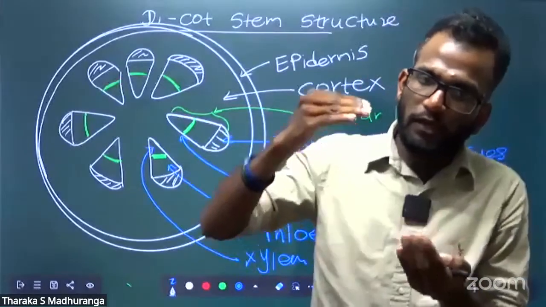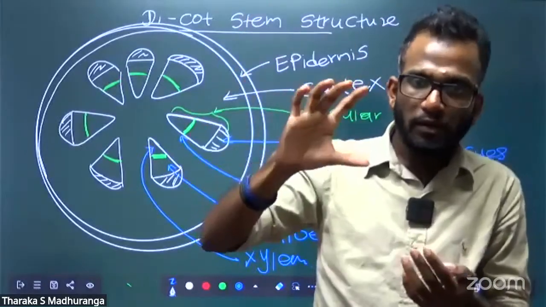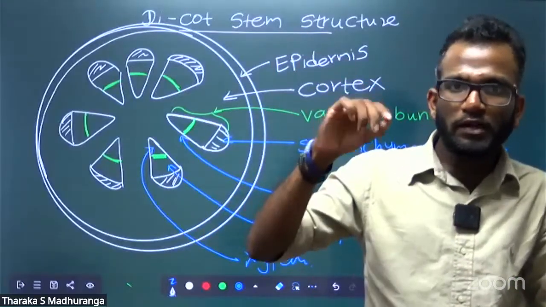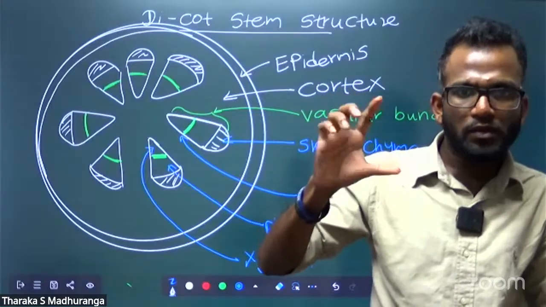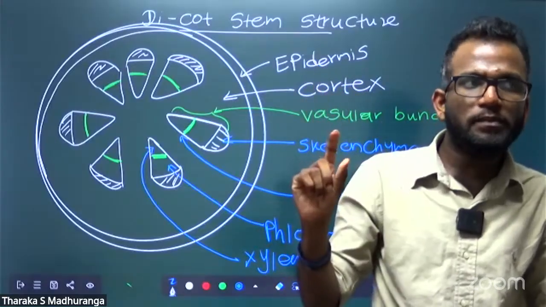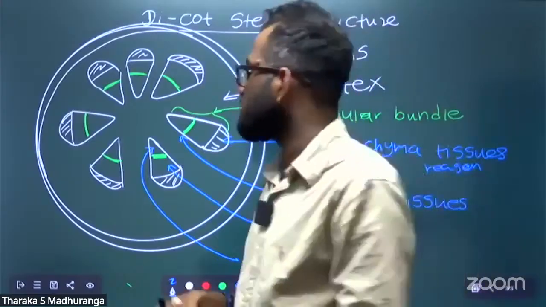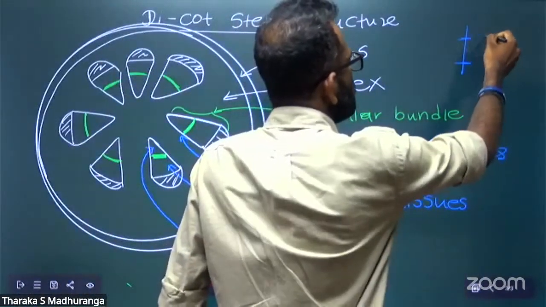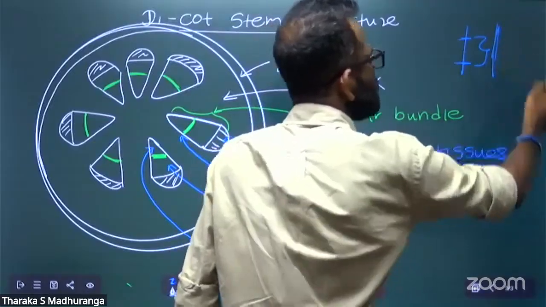Intercalary meristems increase the length between two nodes, what we call internodes. Intercalary meristems increase the length of two nodes.